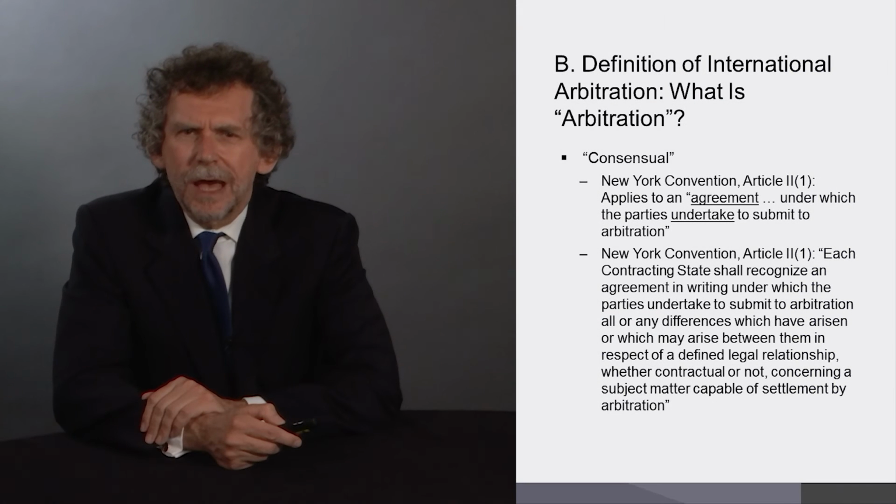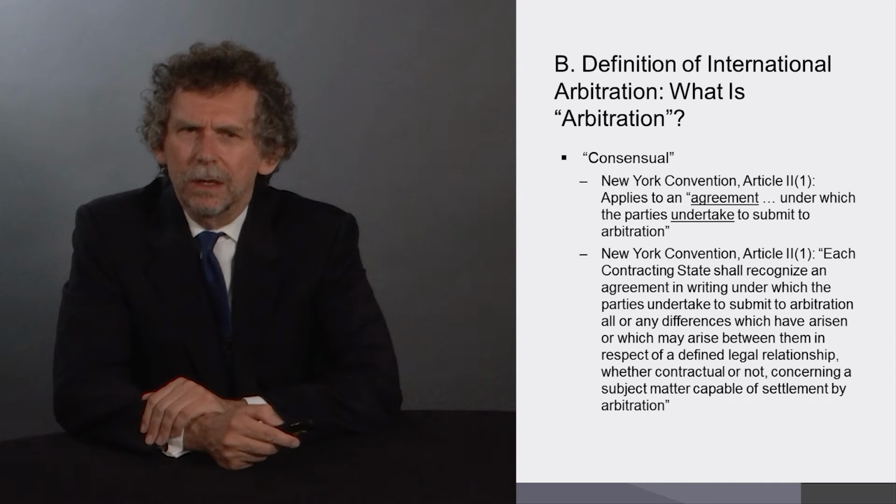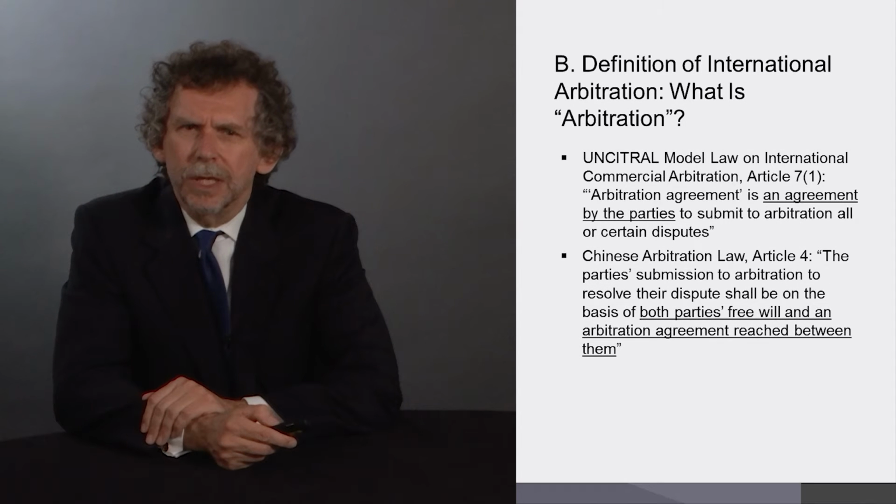The Convention does not apply to other things. In order for the Convention, the global constitution for international arbitration, to apply, one must have an agreement to arbitrate, the consensual resolution of disputes between parties. Likewise, national arbitration legislation makes clear that arbitration is a consensual process.